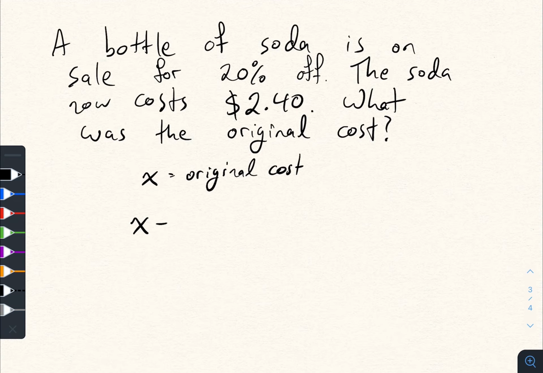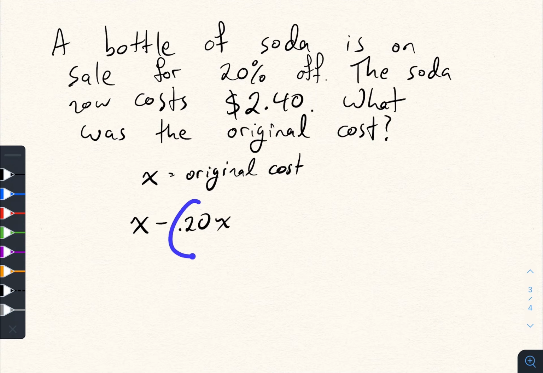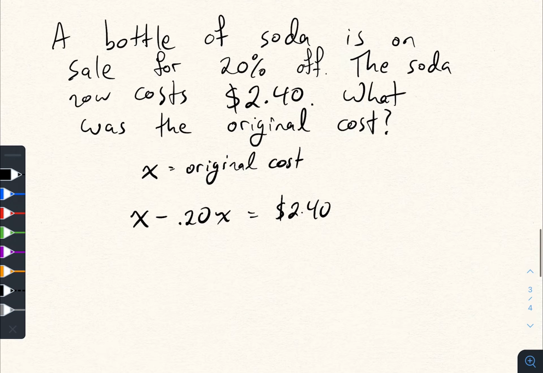So we start at X, and then we subtract 20% of X. So if we're subtracting 20% of X, then that means we subtract 0.20 times X. And then we end up with $2.40. Okay. So this over here is equal to 0.80x.